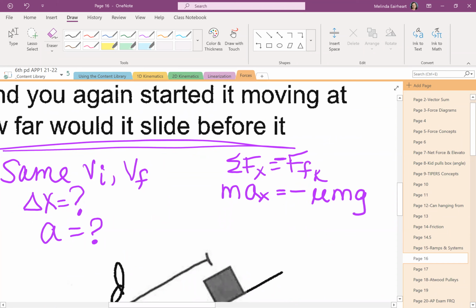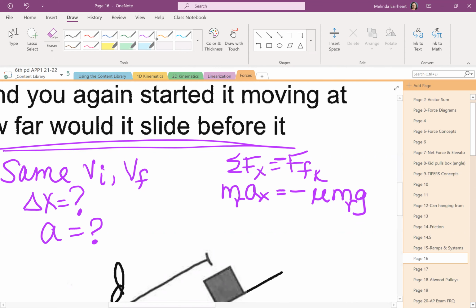So let's use forces to find the acceleration. By the way, did they tell you how many rocks they put in the box? They did not. Does it matter? What's still going to happen, even if you fill the box with rocks?